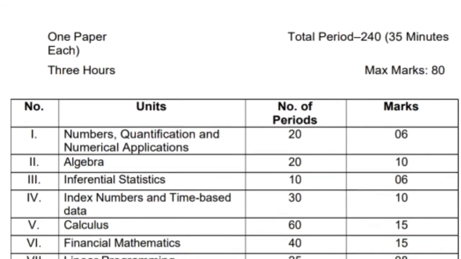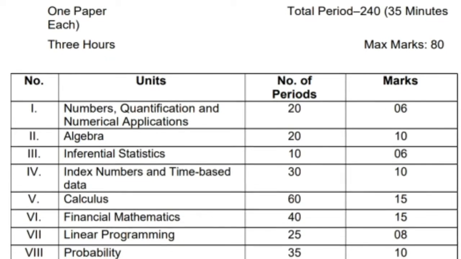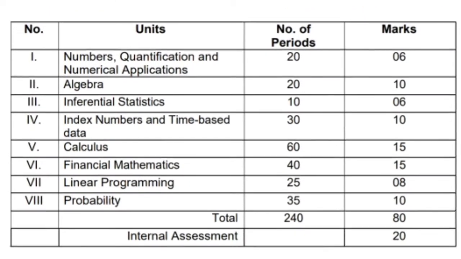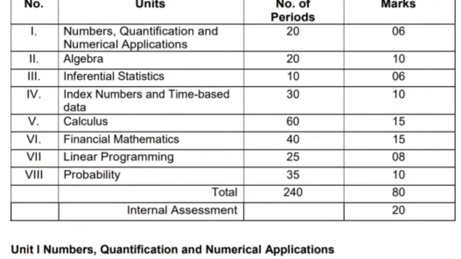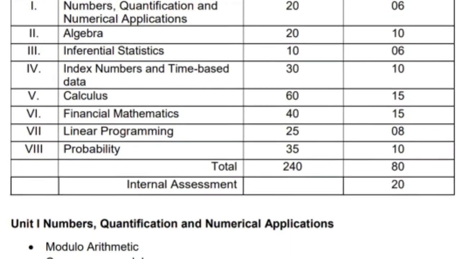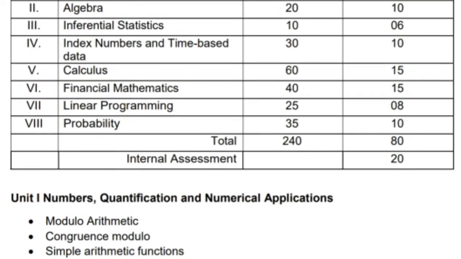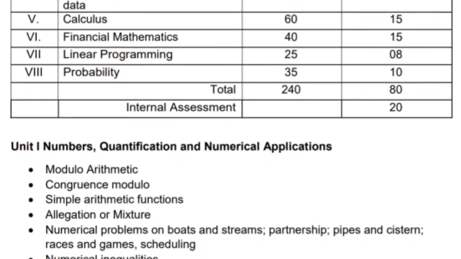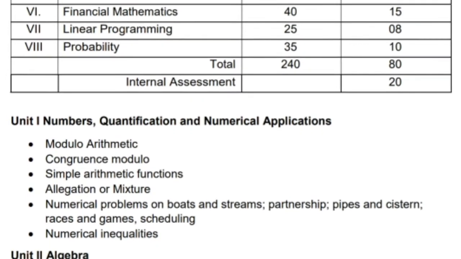And for the syllabus of class 12, we again have number quantification, like chapter 1 of unit 1 of class 11, then algebra, in which we will be studying matrices, determinants and inverse of a matrix. These are all there in our older version.